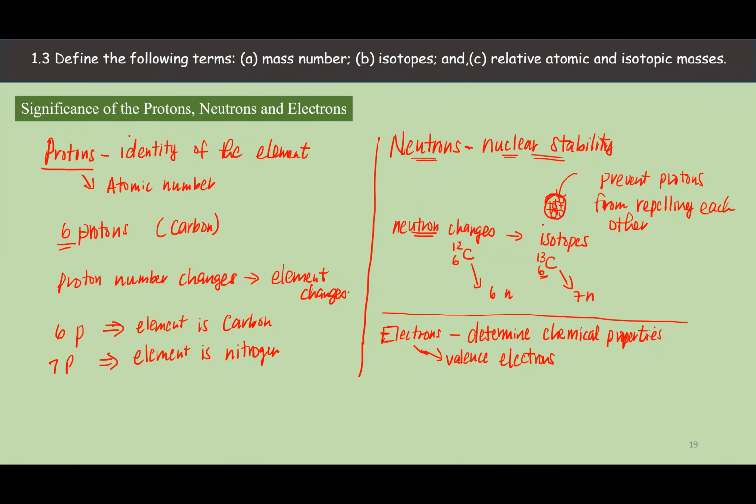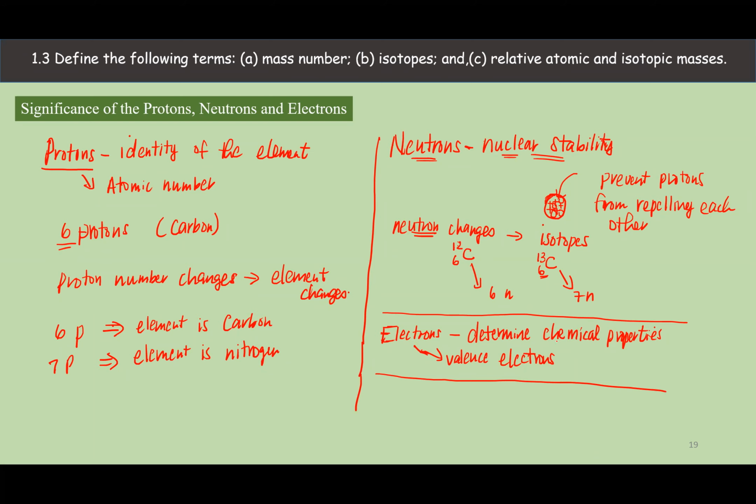And elements that have the same number of electrons in the outermost shell are found in the same what of the periodic table? Anybody? That's correct, Marissa. They're found in the same group of the periodic table, right?